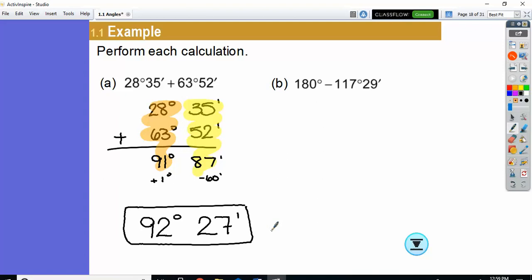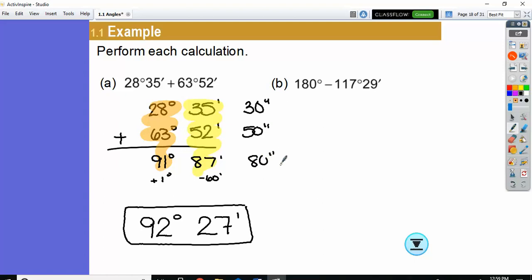Does everyone understand what I did right there? You won't have to do this every time you add, but if you are adding these things, you want to double check at the end. If your minutes are bigger than 60, take 60 of those and move it over to your degrees. Likewise, I didn't have seconds, but if I had, let's say I said you have 30 seconds and 50 seconds.